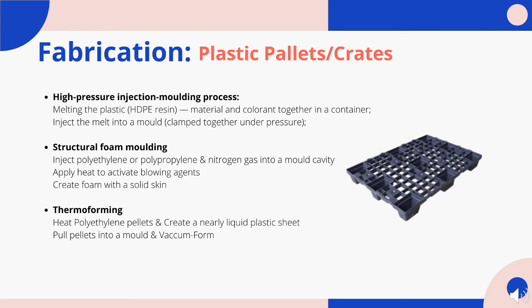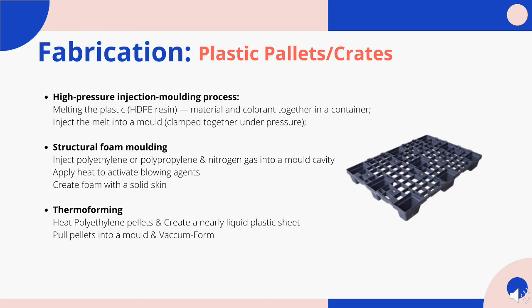Secondly, let's talk about fabrication procedures of plastic pallets and crates. Actually, there are a variety of methods available for doing this, and first is a high-pressure injection molding process where we melt the plastic material and colorant together in a container. Then the melted substance is injected into a mold where everything is clamped together under great pressure.